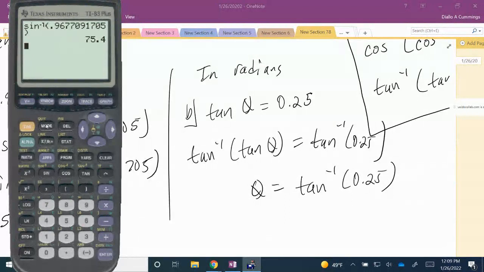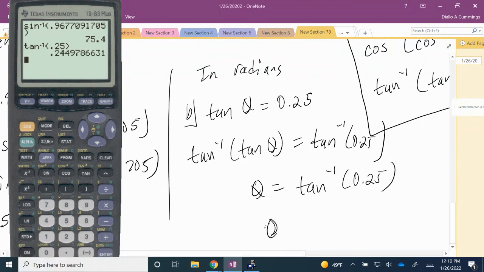I'm going to go back to my home screen and use the arc tangent function. That's second and tangent, which brings up the arc tangent for 0.25. And we have 0.24 radians.